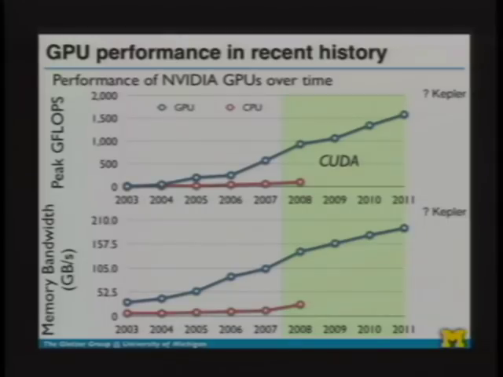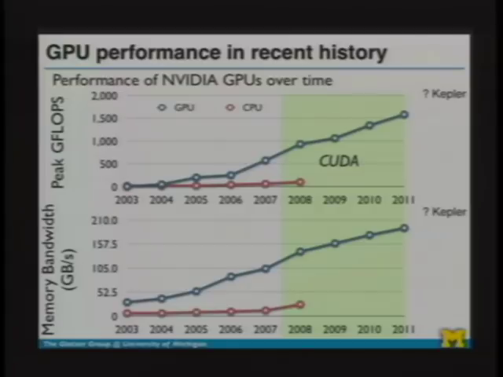What do these numbers look like? I've made this plot for GPUs going back to 2003, all the way up to the current GPUs. And I put a little question mark here because we're on the verge of the next generation chip coming out. The code name is Kepler, and it's anticipated any time now, although I don't think it'll be available for sale until spring, but that's just my guess.